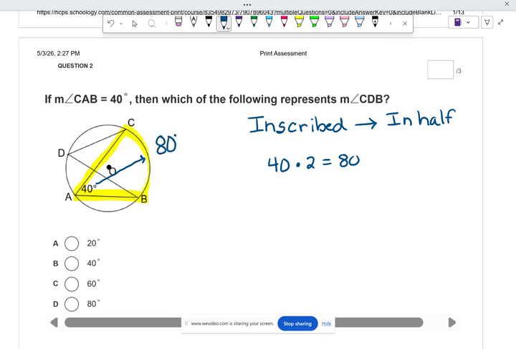But that's not what they want. They want the measure of angle CDB. So let's outline angle CDB. I see the arc that it intercepts is 80. When you take the arc measure in and inscribe it, you cut it in half. 80 divided by 2 is 40.